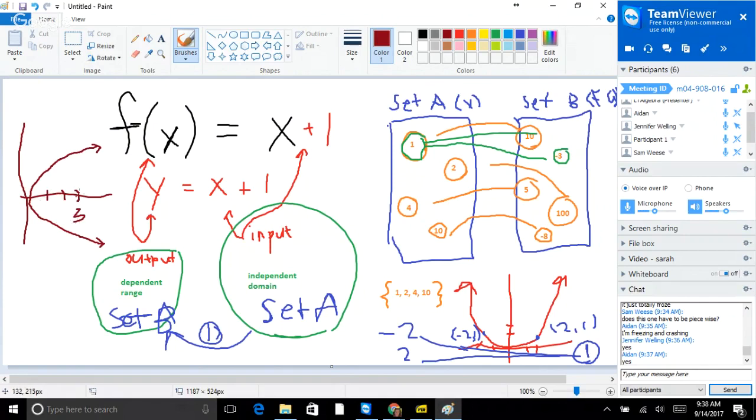If I go to x equals 3, my output value could be positive 3 or negative 3, right? Because there's 2 values when x equals 3. So this particular graph would not be a function, because when I put in a single input, 3, I have 2 possible outputs. So it's a 1-to-1 match when it comes from input to output.